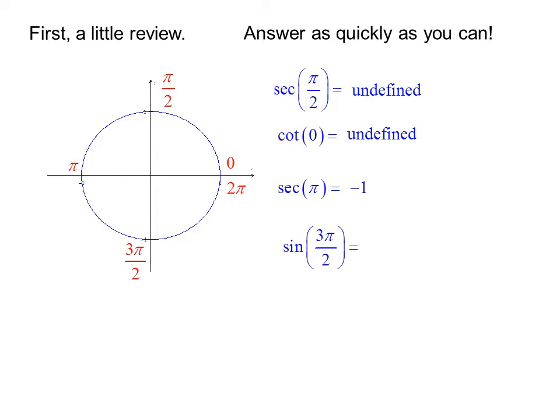Sine 3 pi over 2 is negative 1. Cosine pi over 2 is 0. Tangent of pi is 0. Remember, a large part of the AP exam is no calculator. You have to be able to evaluate these functions quickly.